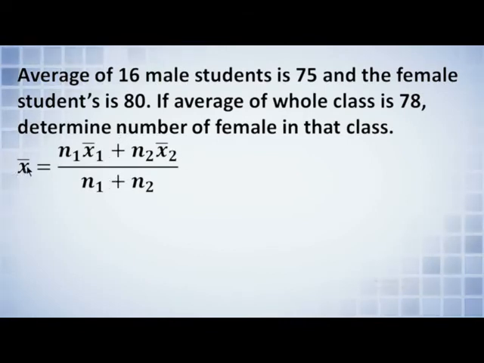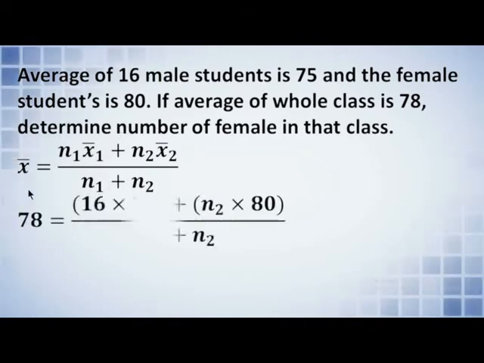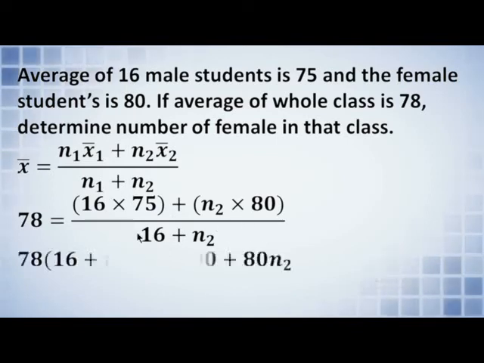We know that the combined average is 78, the number of male students is 16 and the average of male students is 75. We don't know the number of female students, but we know the average of female students. You just need to multiply 78 with 16 plus n2, the denominator here, and you find 1200 from 16 times 75, and n2 times 80 is 80 n2.